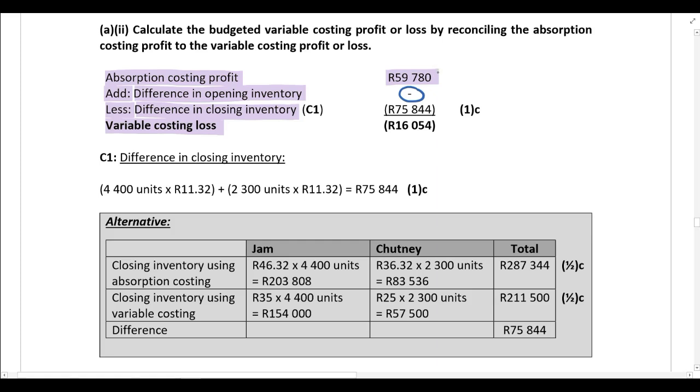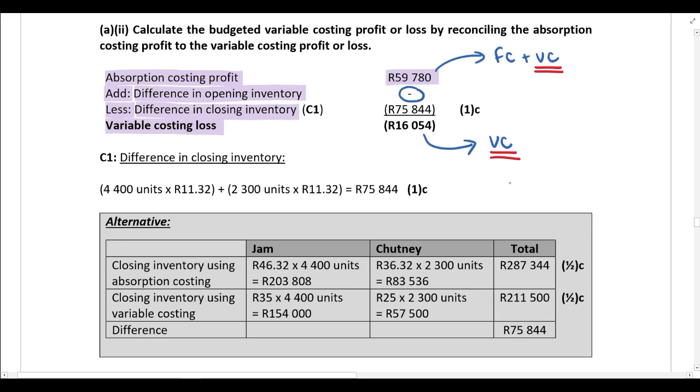Remember, guys, if absorption costing is used, then both fixed and variable manufacturing costs are included in the value of inventory. On the other hand, if variable costing is used, then only variable manufacturing costs are included in the value of inventory. So regardless of whether the company uses absorption costing or variable costing, variable manufacturing costs are always included in the value of inventory.